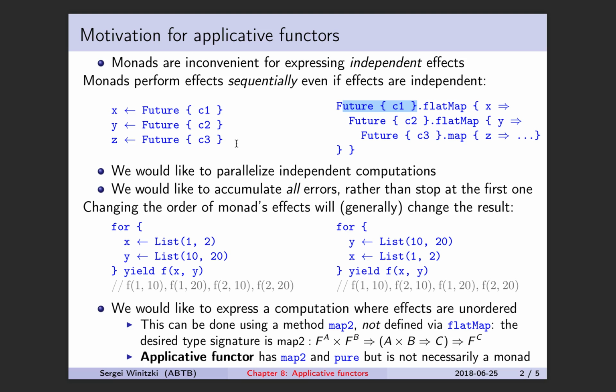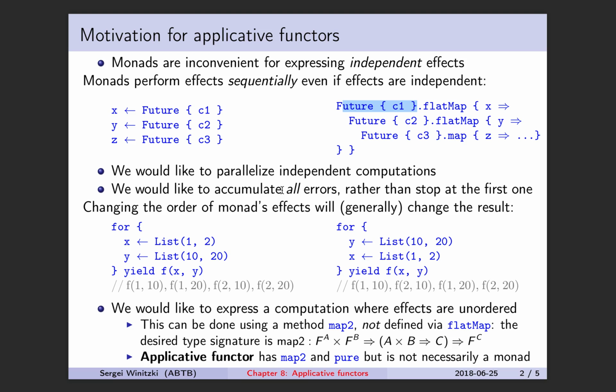Another use case where monads or monadic effects are not exactly what we want is a case when we perform computations that may give errors. Now, we have seen in the previous chapter that using a monad, such as the either monad or option monad, we could stop at the first error very easily.